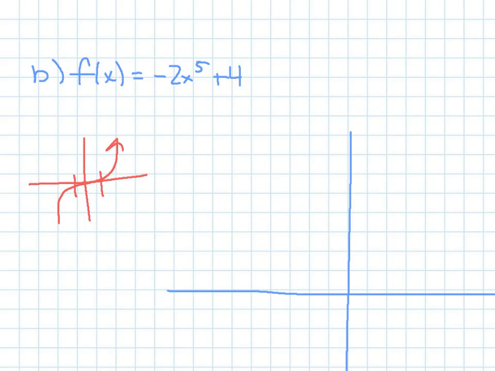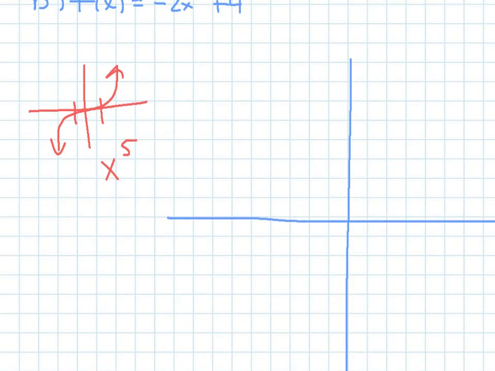But then it gets steeper as you move away from 1 and negative 1 on both sides. So if I'm showing transformations, I first want to start with x to the fifth, and then move my way out, so negative 2x to the fifth, and then negative 2x to the fifth plus 4.